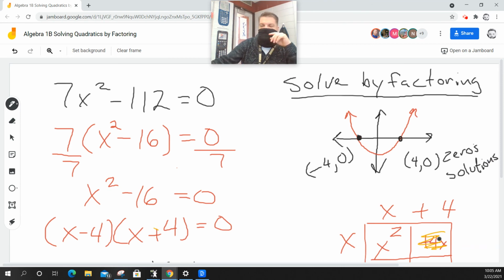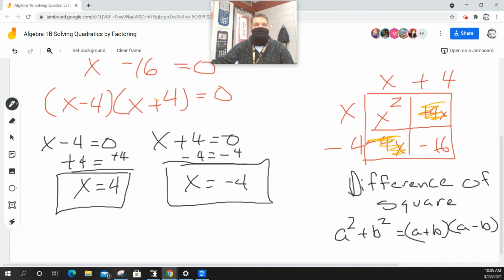Now, in terms of solution, what we're really saying is what value of x makes this statement true. Okay, and we found that. If I plug in a negative 4 here, it makes the statement true. If I plug in a positive 4 here, it makes the statement true. And so again, the answer is just 4 and negative 4.